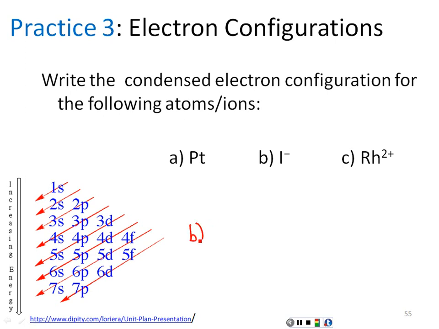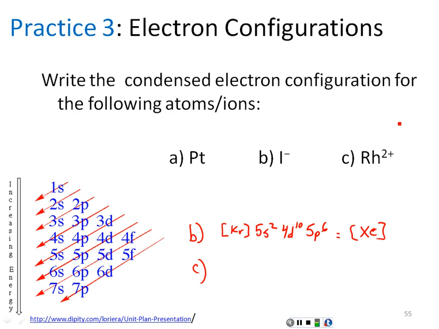So iodine minus would be krypton 5s2 4d10 5p6. And you can also write that simply as xenon. Both of those would be correct as far as I'm concerned.